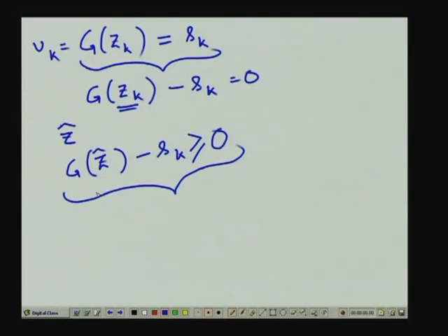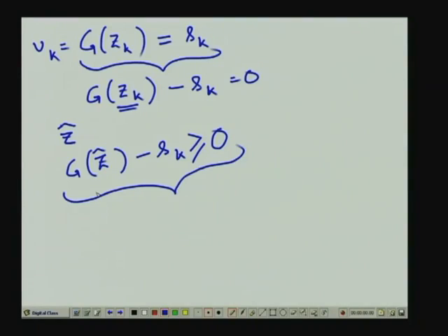We start with a minimum value of Z hat, then increment it in steps of 1 until we come to the condition G Z hat minus S k equal to 0. And the minimum value of Z hat for which this condition is satisfied gives you the corresponding value of Z k. So, this is a simple iterative procedure.